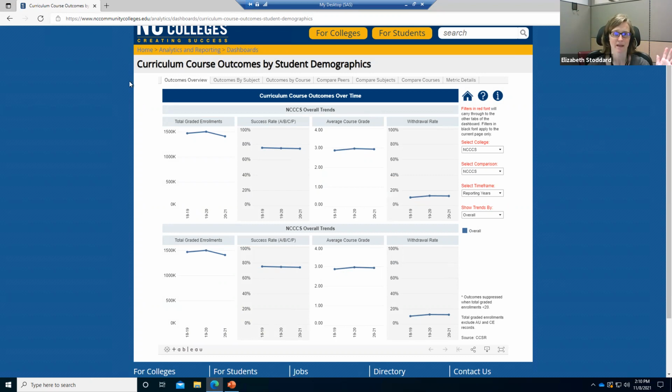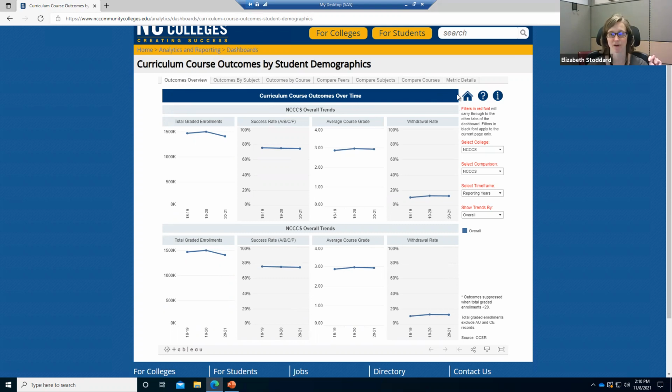So this dashboard opens on this overview page. This is our outcomes overview. If you haven't seen any of our RPM dashboards before, I just want to orient you. All of our dashboards have a number of tabs across the top here, and I'm going to show you each of these tabs in turn.